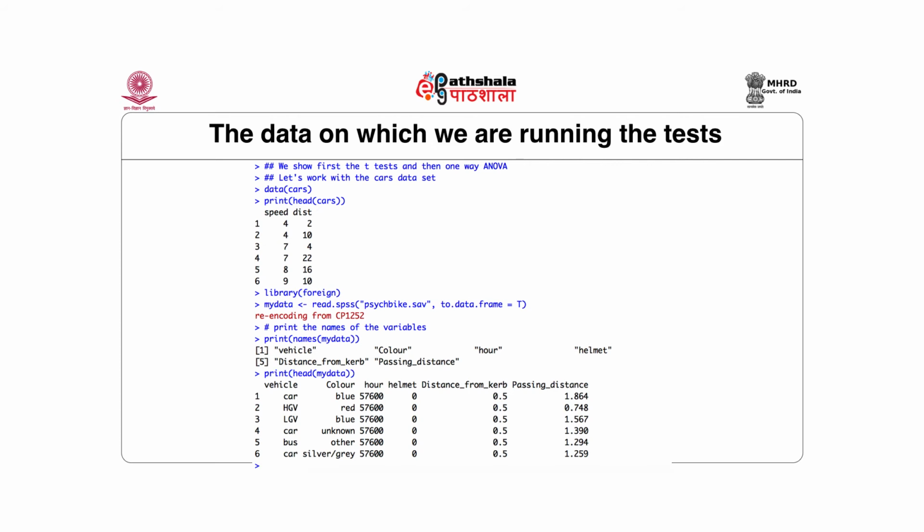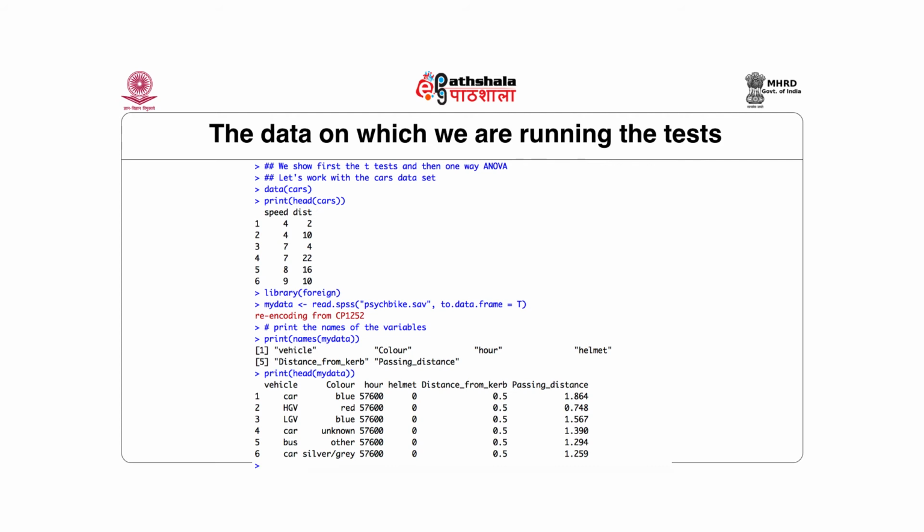The second one is one in which we use a package called the foreign package, and we are reading the contents of the foreign package. This is an SPSS data set, some file name .sav, and we are reading that by importing it into a data frame.